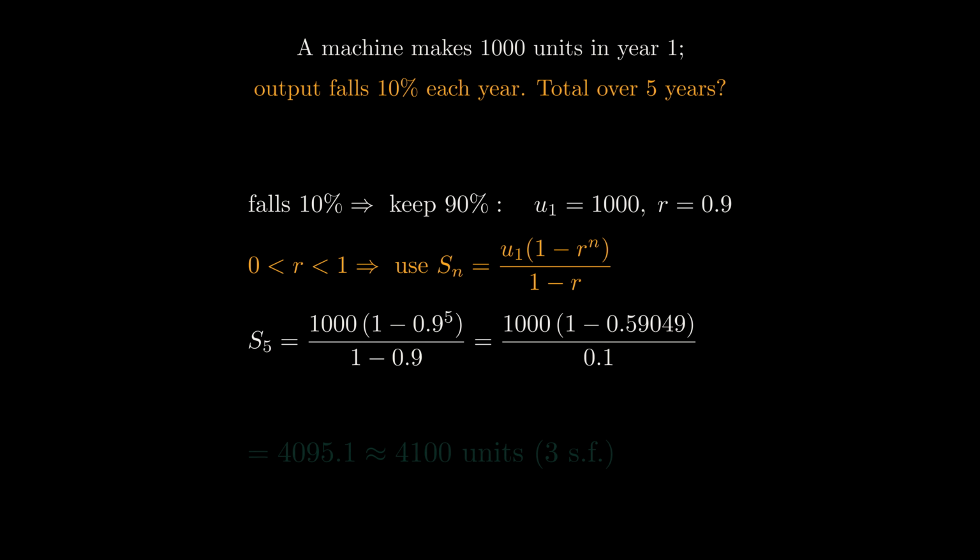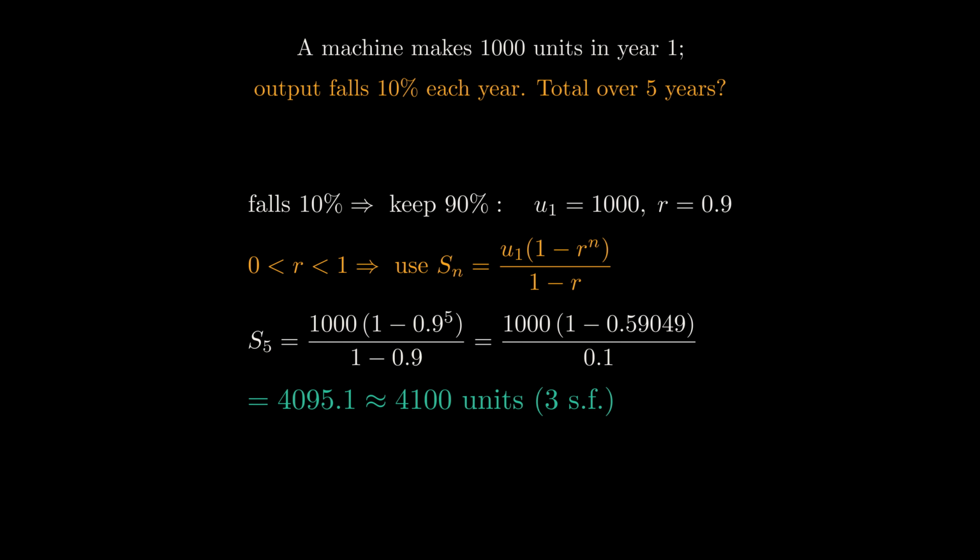And dividing by 0.1 gives roughly 4,095. This is a paper 2 style question, so round to 3 significant figures. About 4,100 units.